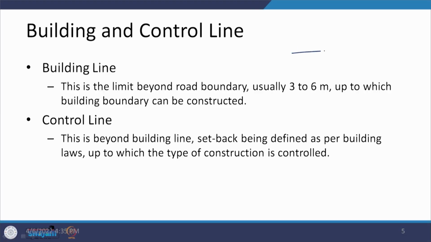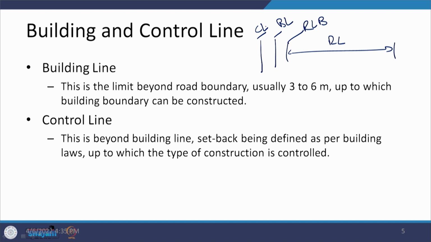So, if we say that we have this much which is road land, then beyond that we are going to have two lines. This line is being defined as road land boundary, then this is the building line, and this one is going to be a control line. So, they are at some distance away from the road land boundary.